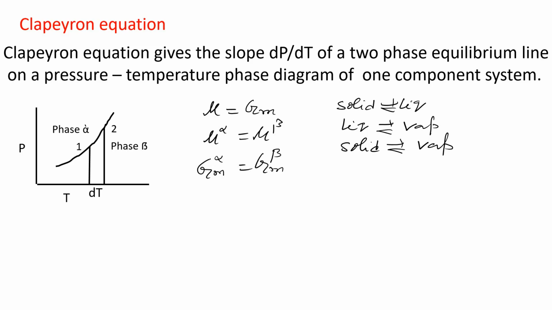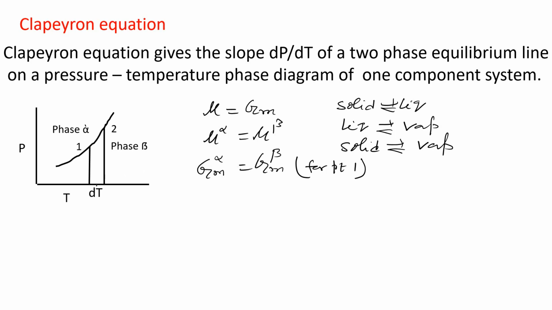Now suppose this Gm alpha and Gm beta, what I have written here, that is at point 1. That means at point 1 on this line, the molar Gibbs free energy of the alpha phase I have denoted by Gm alpha and beta phase by Gm beta. And as on this line it is in equilibrium, so Gm alpha is equal to Gm beta. So this I write for point 1.